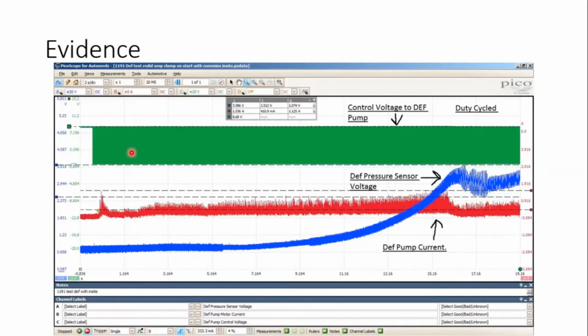So it's ground controlled, so the longer the ground is on, that means that the pressure will keep on going up, okay? Grounded longer, more current, pressure will rise more, okay? So it's duty cycled, and here on channel A is the pressure of the DEF pump, okay?